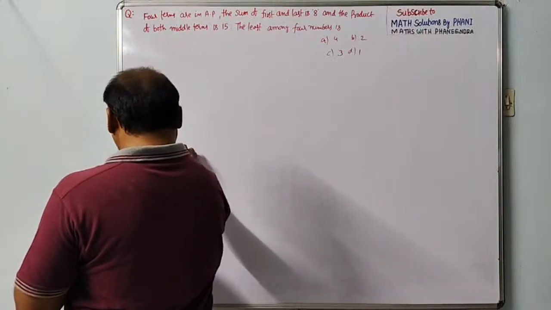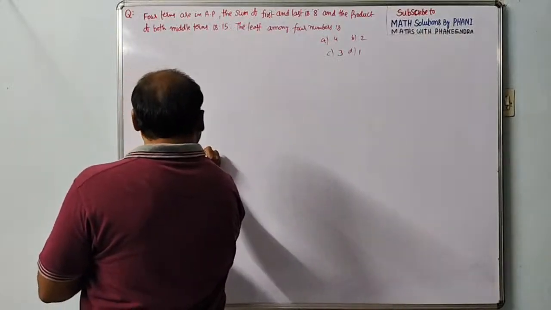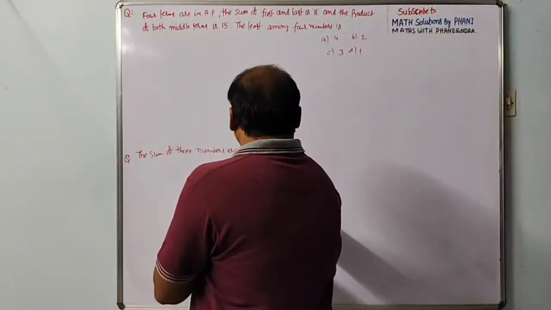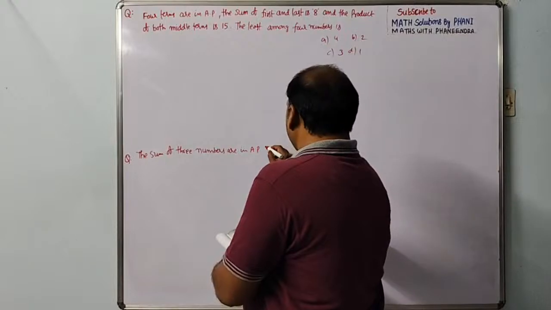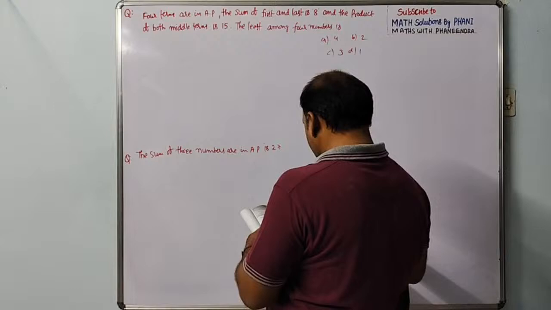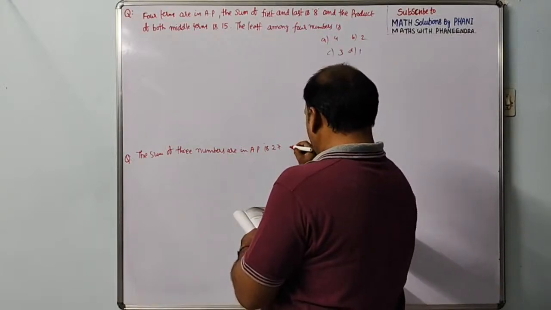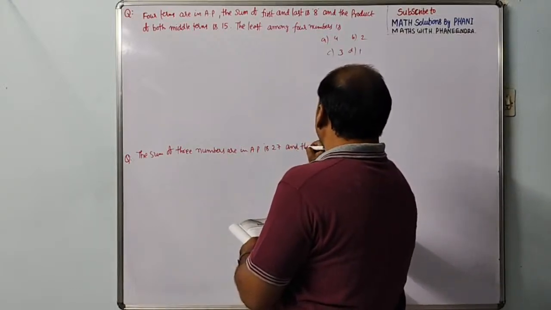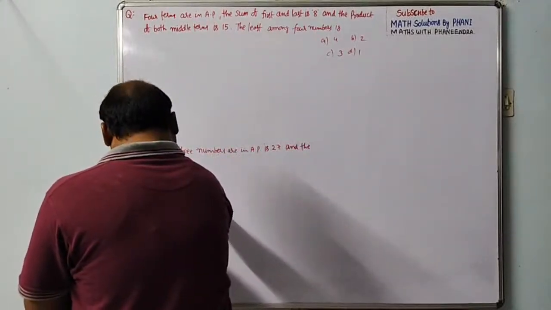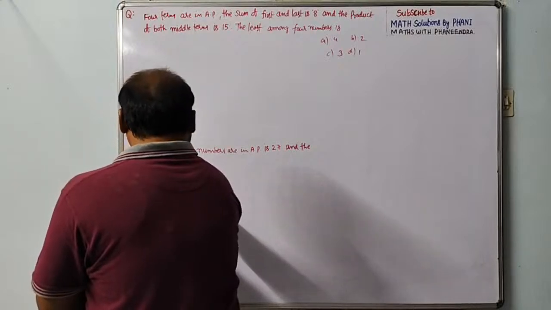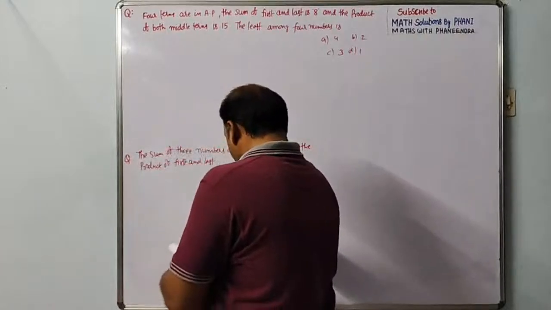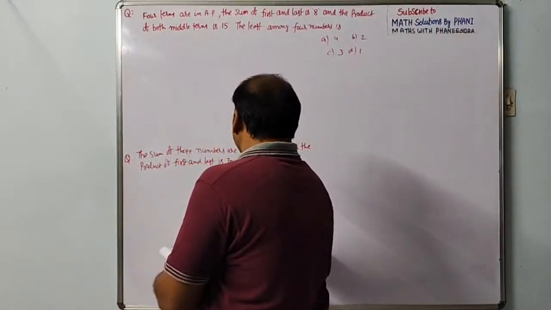The sum of three numbers in AP is 27, and the product of first and last is 77.